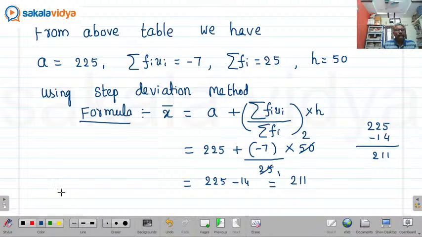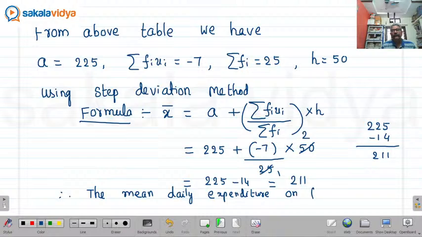Therefore, the mean daily expenditure on food equals 211 rupees. This is the answer. Yes, rupees 211. Absolutely correct.